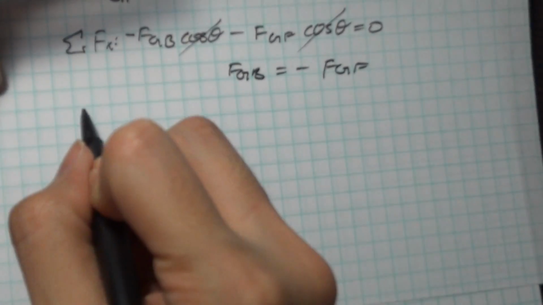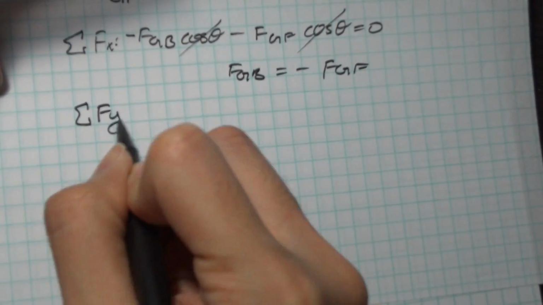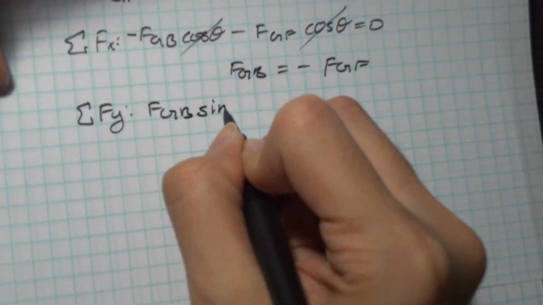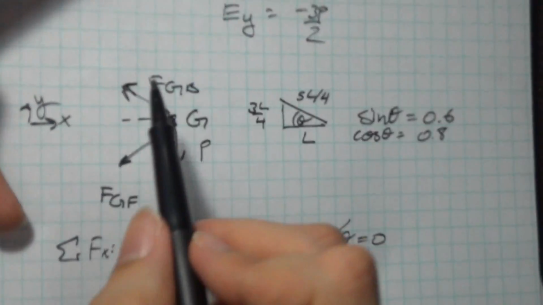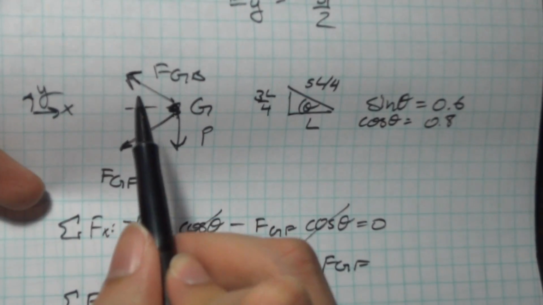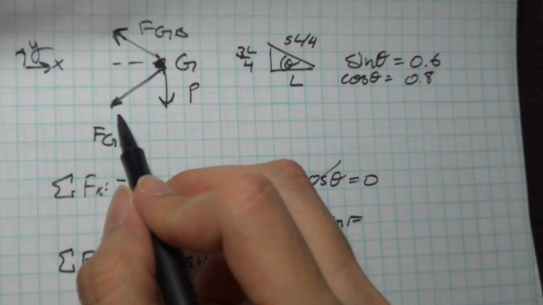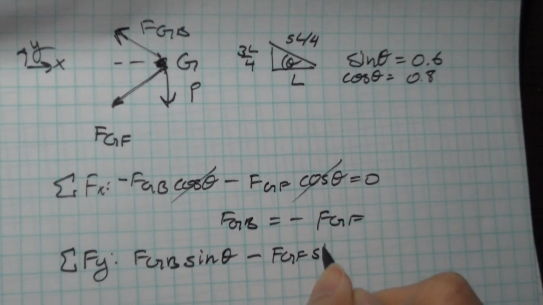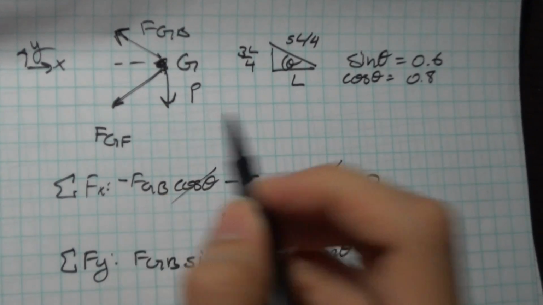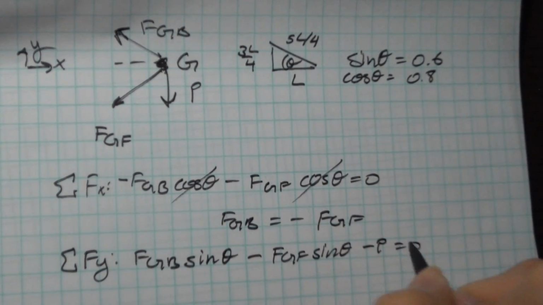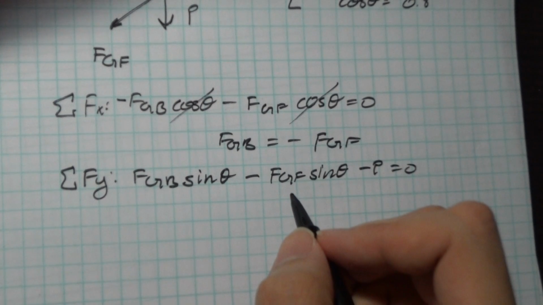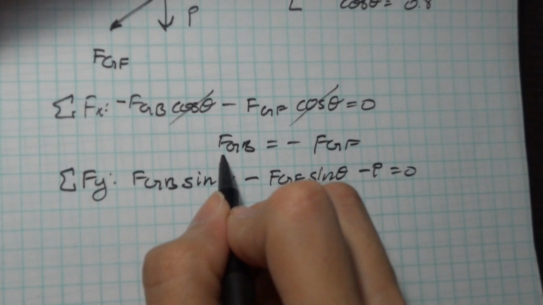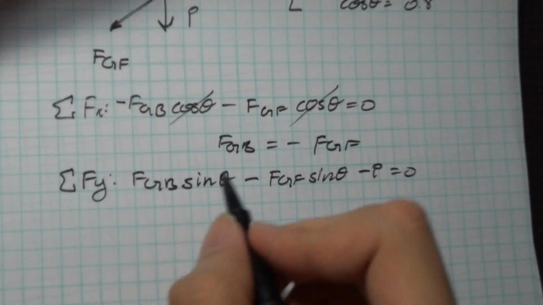If I then use my sum of forces in the y direction, I should get that FGB sine theta, and it's positive this time because the arrow is pointed upwards. So that's positive. This arrow is pointed downwards, so this is negative, minus FGF sine theta. This arrow is pointed downwards, minus P equals 0. And if I solve for this, I can plug one of these two equations into here. For example, I'll plug in negative FGF into here.